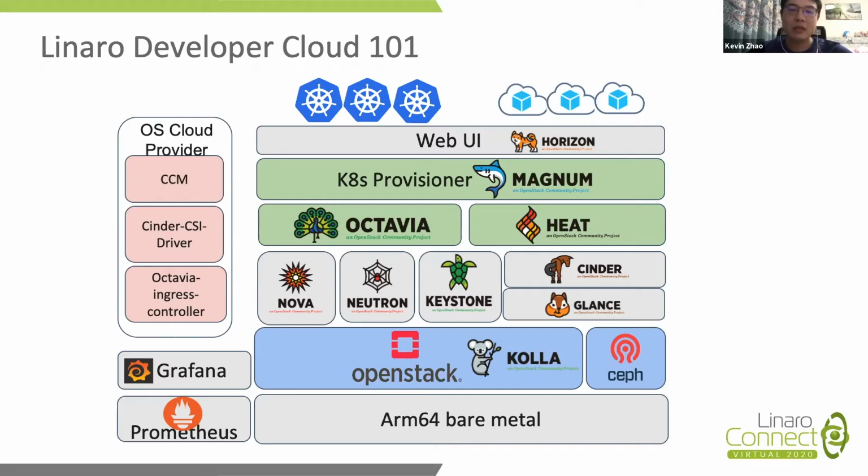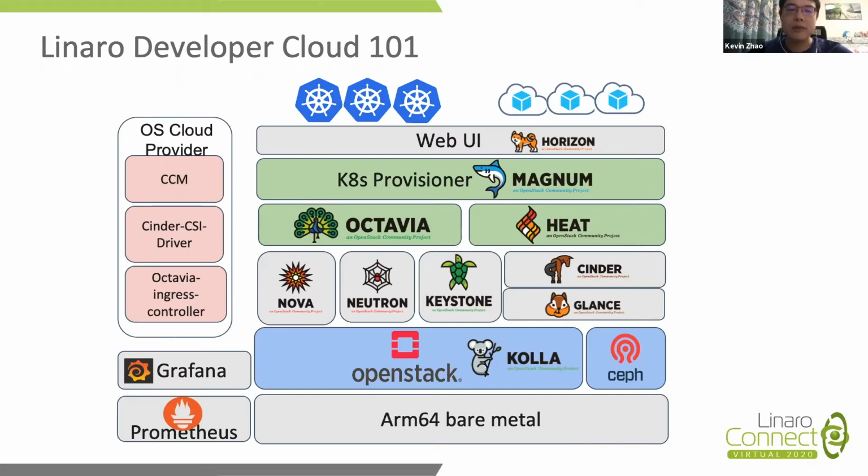After that, to achieve a Kubernetes service, we also have several new components in the block. For example, we use Magnum as the Kubernetes provisioner, Octavia for the load balancer, and Heat for the orchestration service.